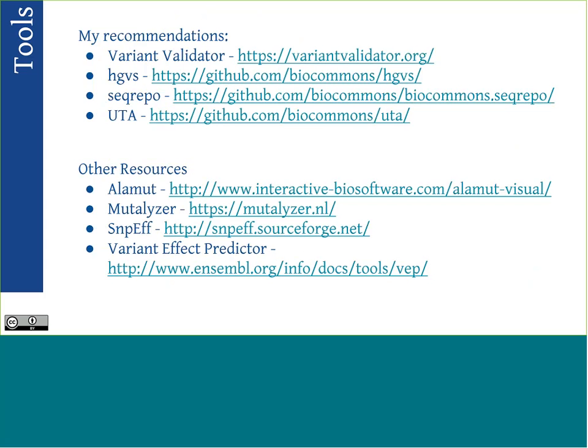Raymond Dalgleish's group has put that together. That's built on top of HGVS, SeqRepo, and UTA, which I just told you about. So if you're looking for another tool to use, which is probably no one ever is, you can go try Variant Validator. It is, again, roughly equivalent to Mutalyzer.